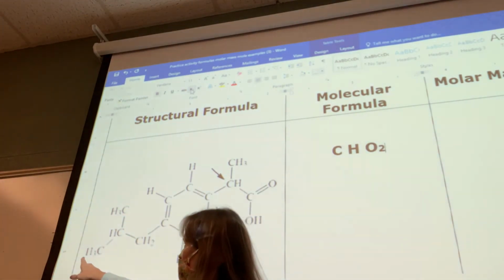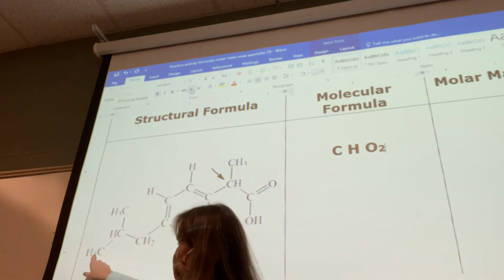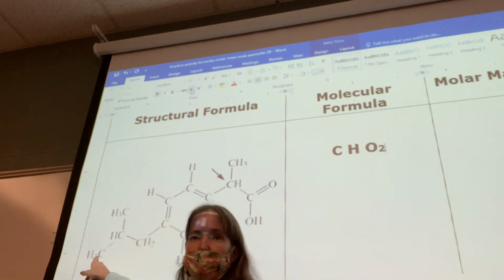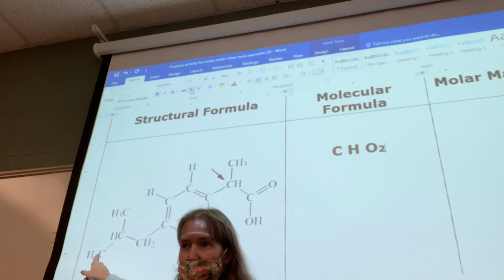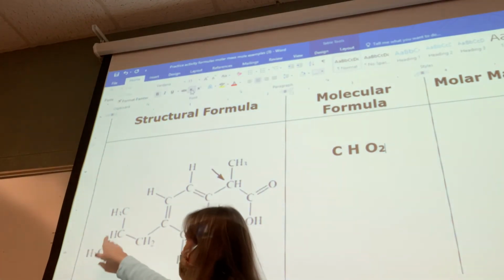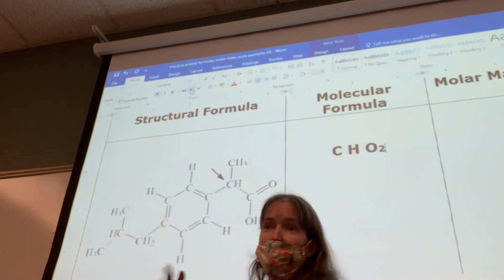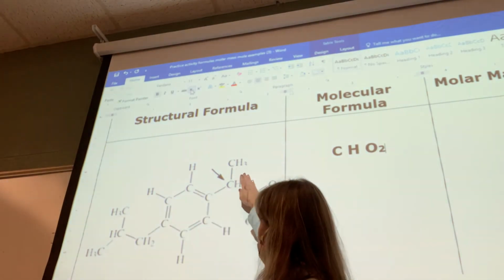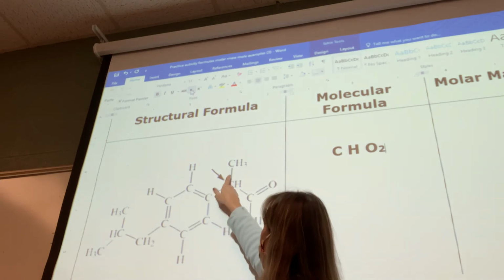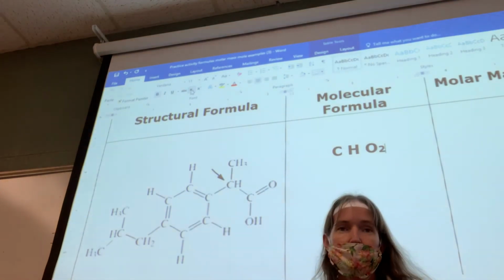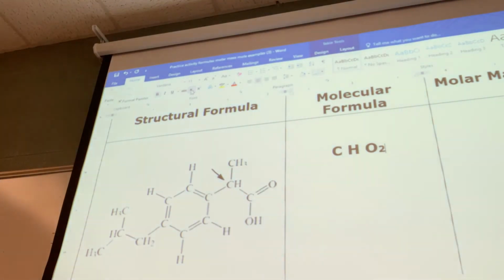Now, you might think that 3 goes with carbon, but it always goes after what the symbol is. So it's after the hydrogen, so that's 3 hydrogens. And so there's 1, 2, 3, 4 carbons. So there's 4 there, and then there's 6, that makes 10. And then you go to this portion up here, and there's 1, 2, 3. So there are a total of 13 carbons.